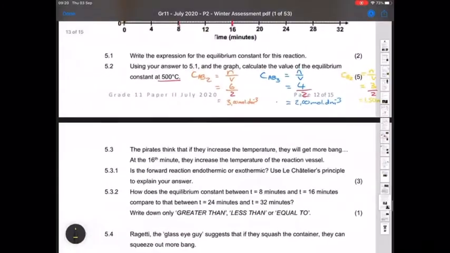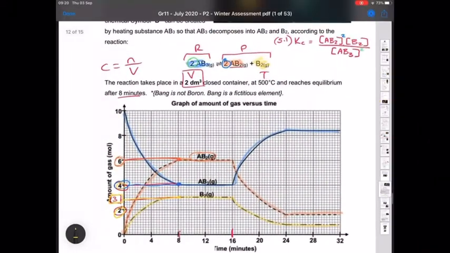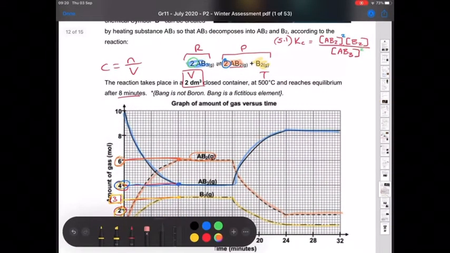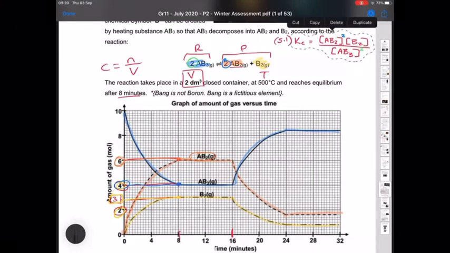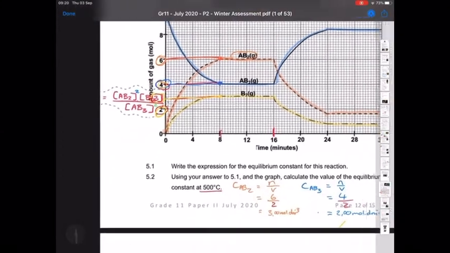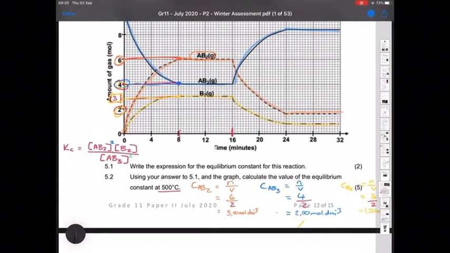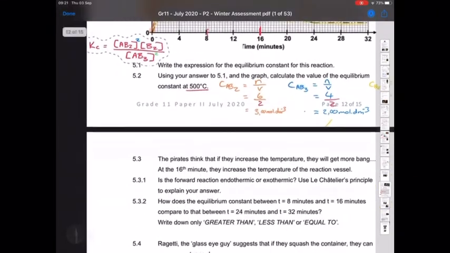Okay, so now we've worked out the concentration of each of these substances. Now we can put it into our Kc value. Okay, so there's Kc.